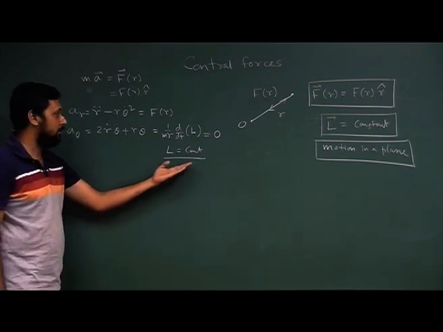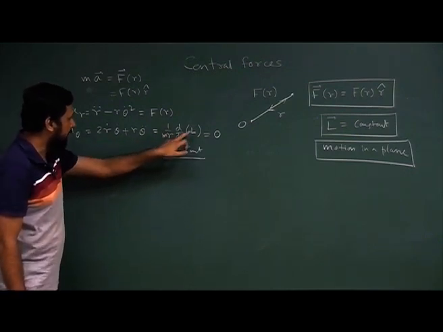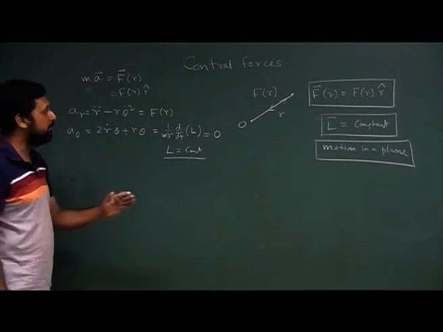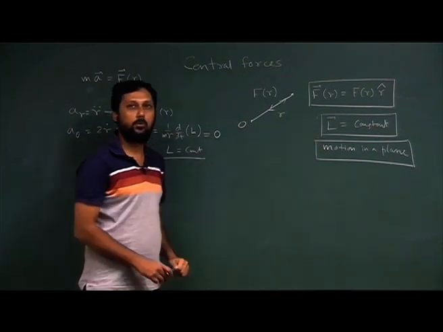So, this particular equation, if we consider that dL/dt is equal to 0, only gives us half of the information. The complete information lies here, where we say not only the magnitude, but also the vector is equal to constant.